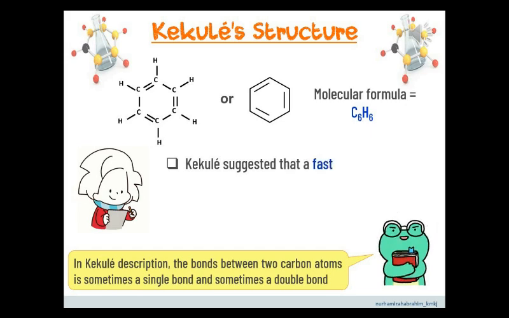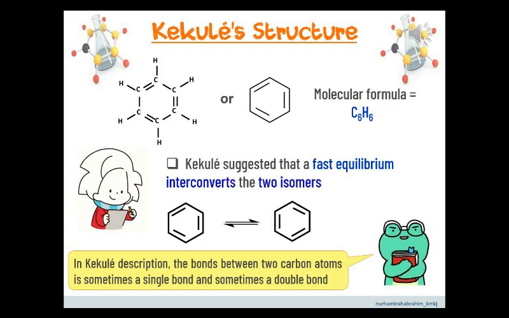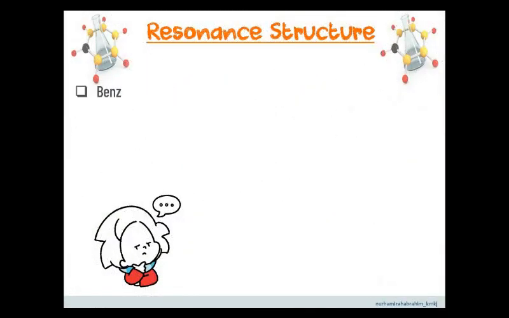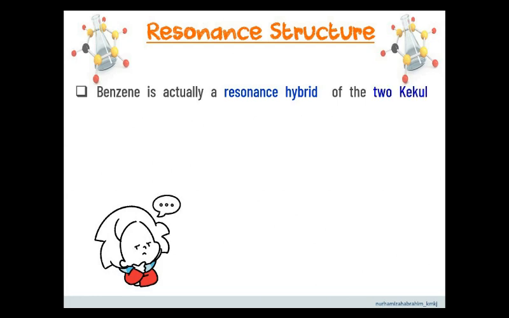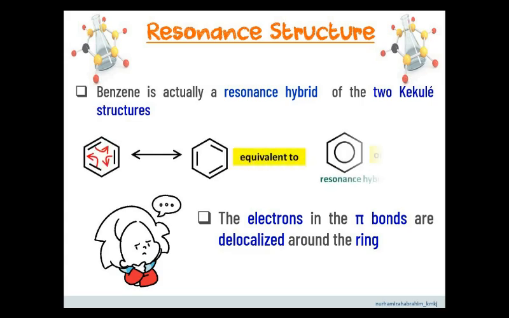Kekulé suggested that a fast equilibrium interconverts the two isomers, which still is the same structure. Benzene is actually a resonance hybrid of the two Kekulé structures, where the electrons in the pi bonds are delocalized around the ring, which we can draw either as Kekulé structure or as resonance hybrid.